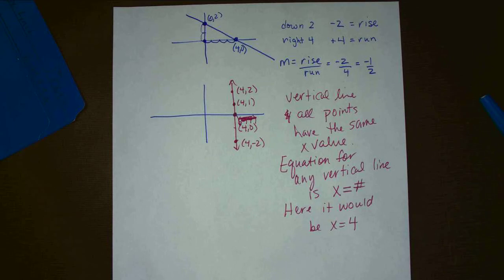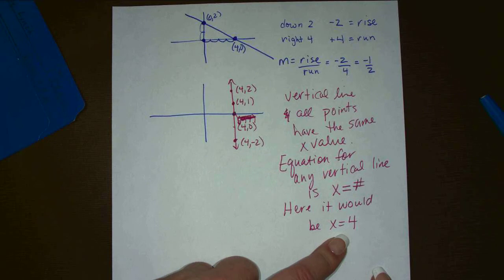If it's missing one of the letters, so if it just says x equals 4, the y value can change, but this is saying x is always 4. It's still linear, the y can be anything. So 4, 0, 4, 1, 4, 2, 4, 3, 4, 100, or 4, negative 10, but the x value is always 4, and that's the equation. It just looks like that.